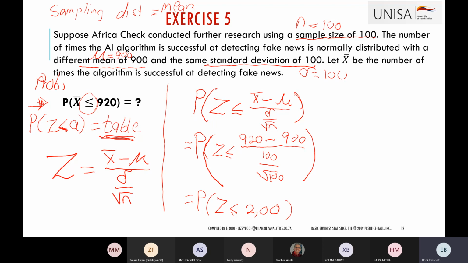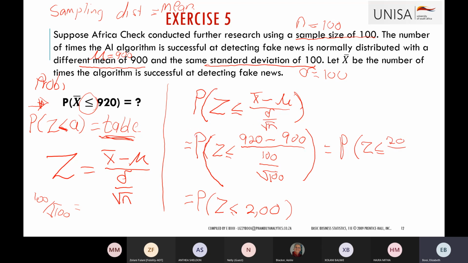920 minus 900 divided by 100 divided by the square root of n. So those who couldn't find 2.00, first do it step by step. Do your standard error, which is your 100 divided by the square root of 100. Then do 920 minus 900, which is 20.